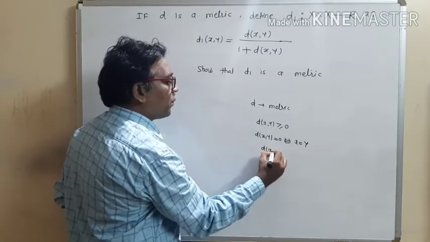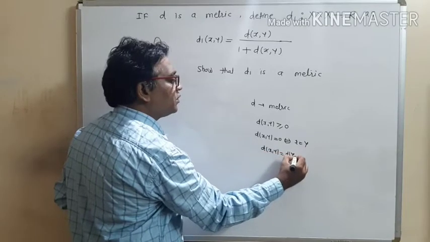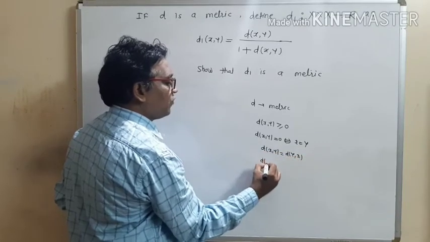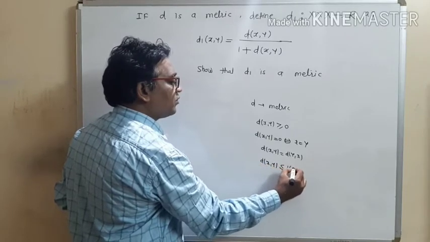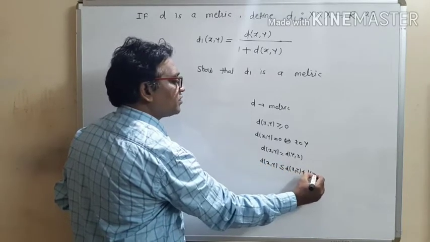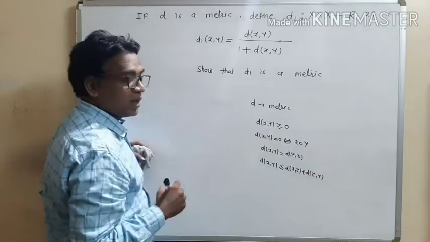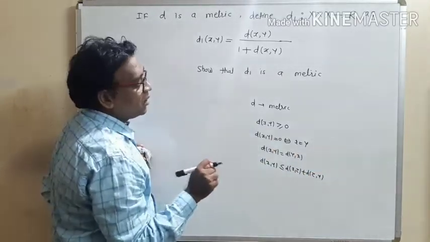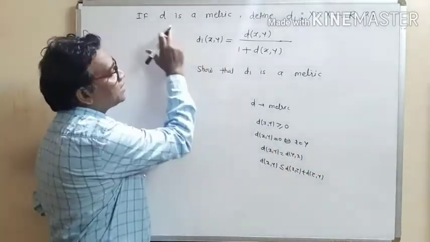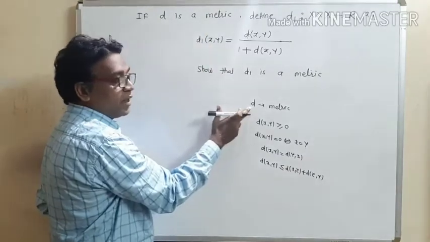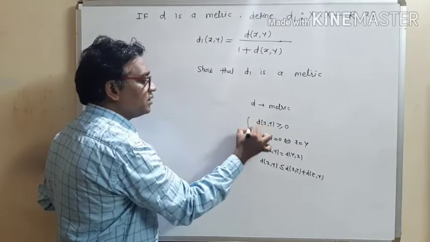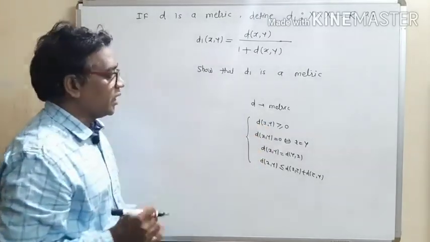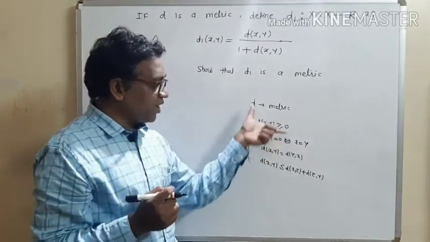This is the third property, distance of x,y is equal to d of y,x, and this is the fourth property, d(x,y) is less than or equal to d(x,z) plus d(z,y). In this example, we are given that d is a metric, so if d is a metric, then we have these four conditions.